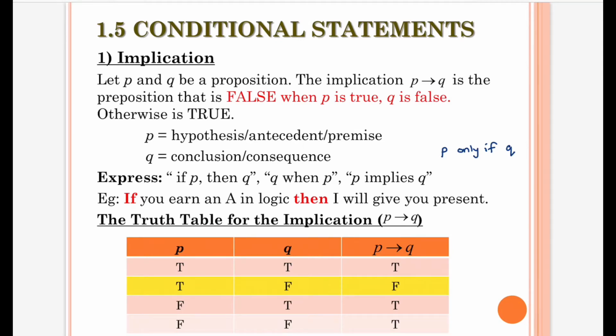And the last row, if P false, Q false, then this is true. If you didn't earn an A in logic, then I will not give you a present.